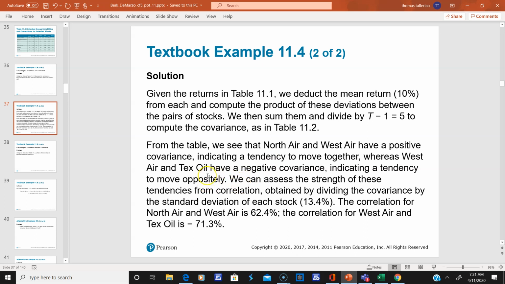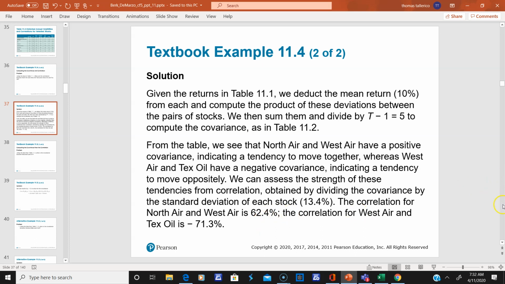So we saw that North Air and West Air had a positive covariance, indicating a tendency to move together, whereas West Air and Tex Oil have a negative covariance, indicating a tendency to move oppositely. We can assess the strength of these tendencies from the correlation, obtained by dividing the covariance by the standard deviation of each stock. The correlation for North Air and West Air is 62.4, and the correlation for West Air and Tex Oil is 71.3.